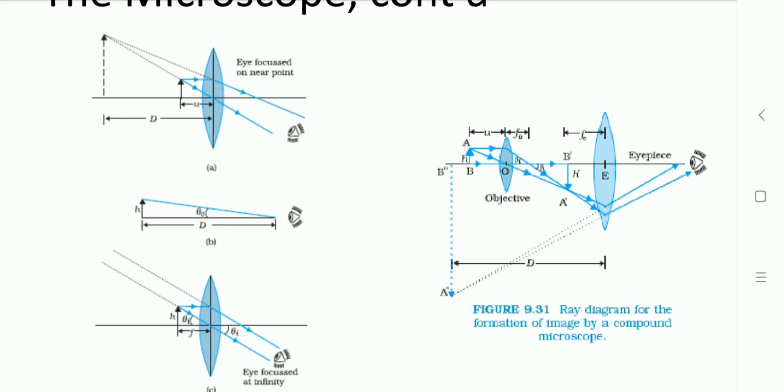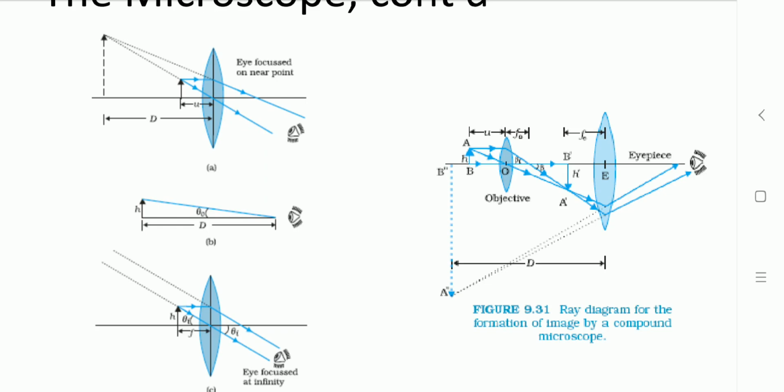The next portion is available at B and C. Here is the magnification of the image formed at the near point D, as you can see in diagram B. For the microscope, the magnification equation is M equals V by U, where V is the distance at which the image is formed and U is the distance of the object.